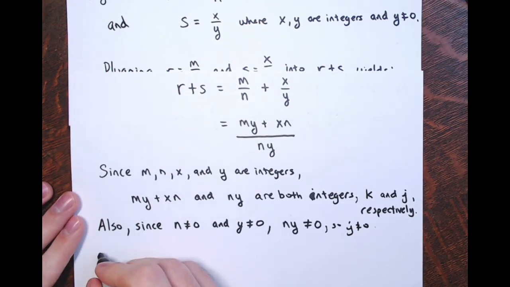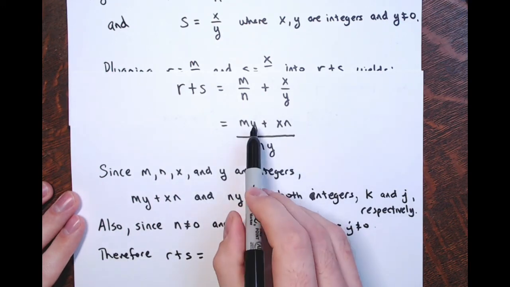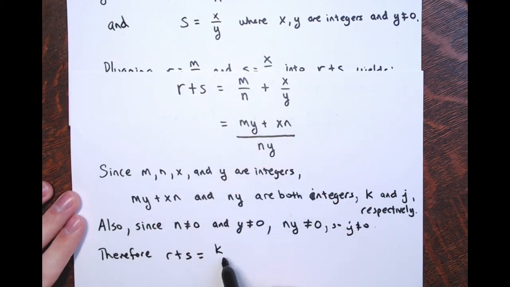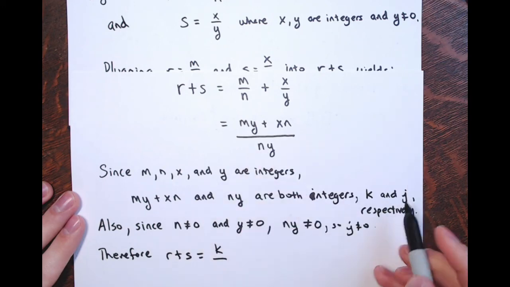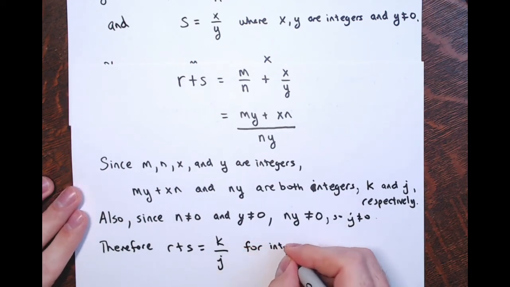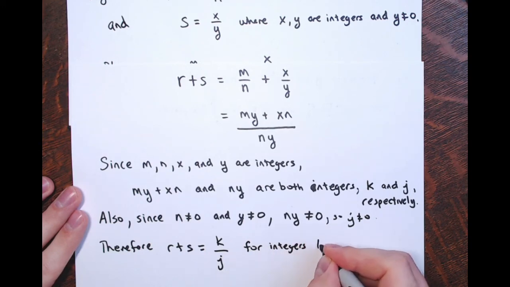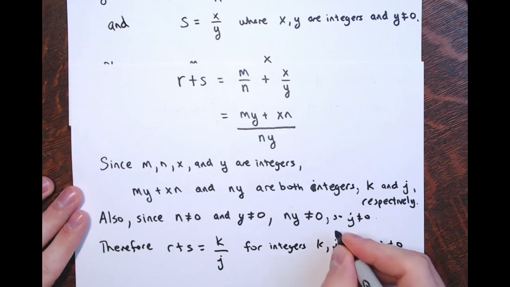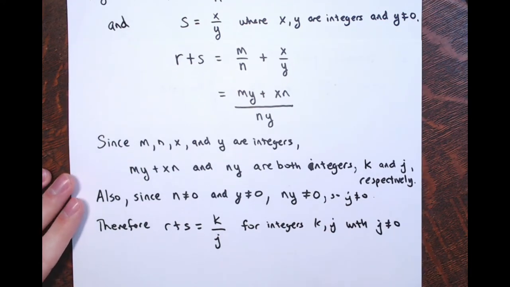Therefore, we have just shown that R plus S equals, my plus xn is my integer k, n times y is this integer j. So for integers k and j with j not 0, I showed that j wasn't 0 in this line.